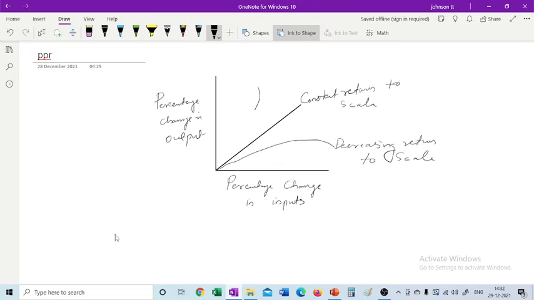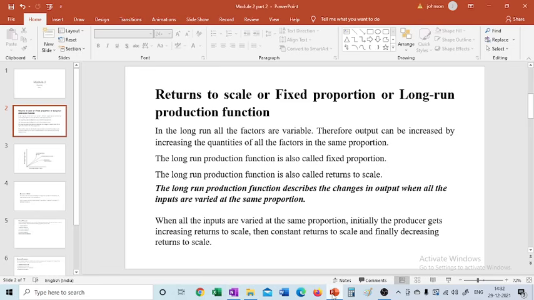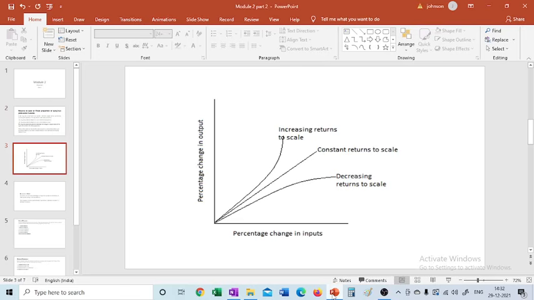And this one represents, this one represents increasing returns to scale. So the same diagram we can see here. So this is the diagram.